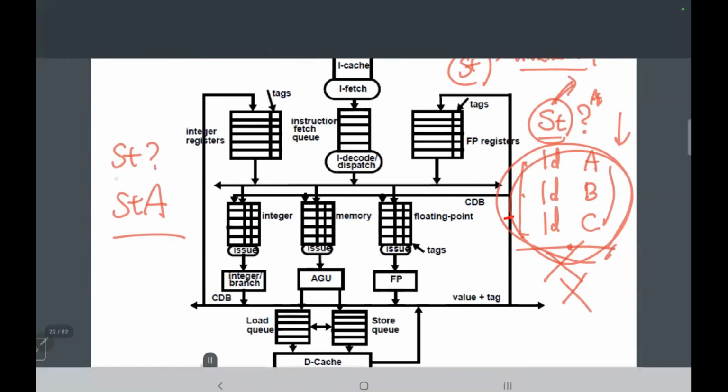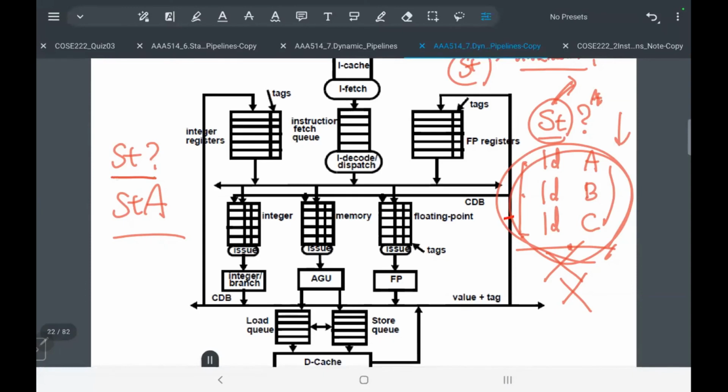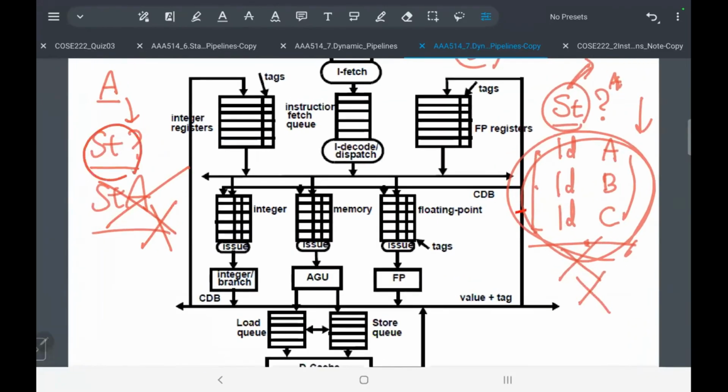But if we don't know the address of the former store instruction, the later store instruction cannot be executed. With a very low probability, the address of the former store can be A, and if so, the memory will have incorrect data. So store instructions mirror this in the out-of-order processor architecture also, because of this feature.